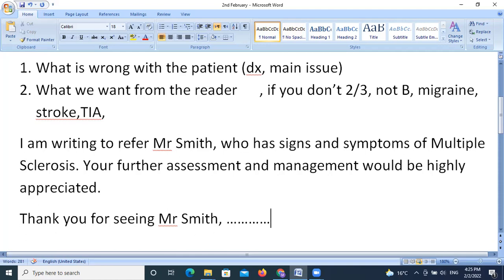Dr. Purvinder says, I am writing to refer Mr. Smith, who has... Let me copy your purposes.